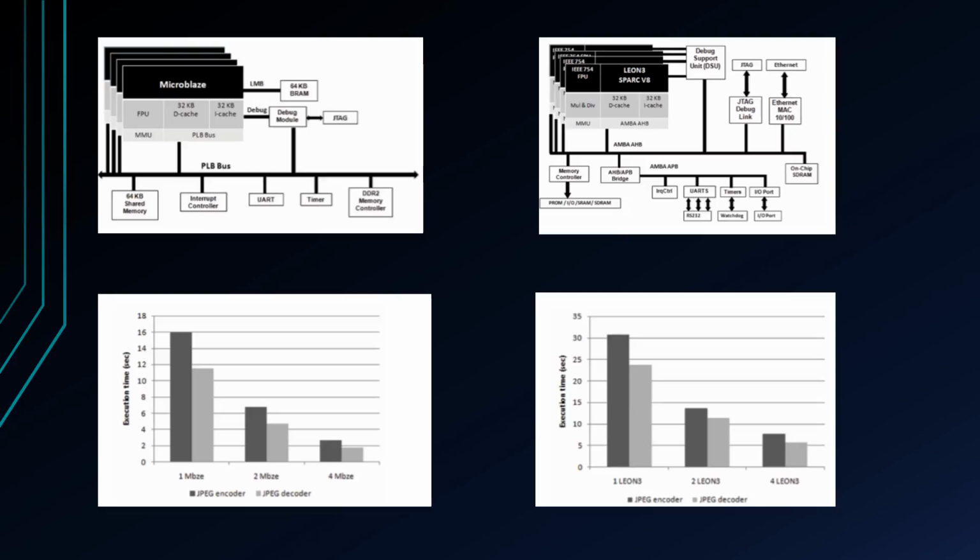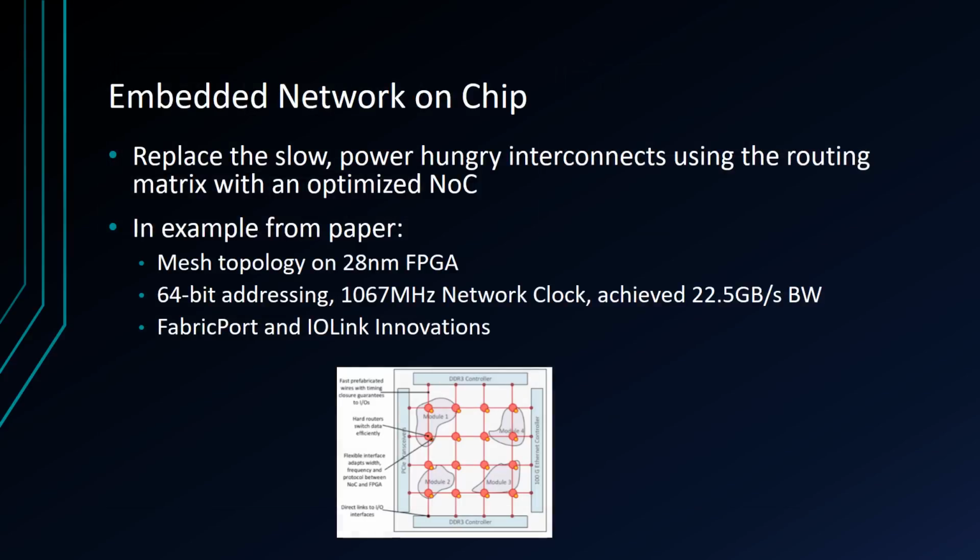Then comparing the execution times running a benchmark between the MicroBlaze and the LEON3, overall, the MicroBlaze was the fastest of the soft core processors that were looked at, with the LEON3 being pretty close in terms of execution time and performance metrics, and offering a good open source alternative to a MicroBlaze.